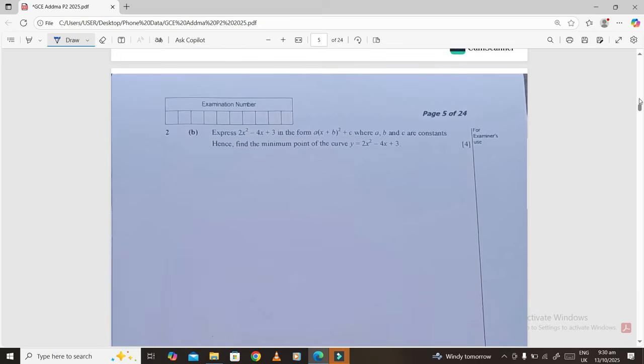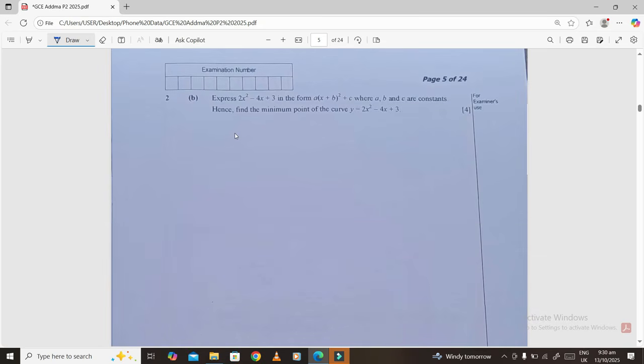Let's go to the next question. So we've got 2x power 2 minus 4x plus 3. They want us to write it in this form. Okay? So here, the first thing must be to factor out what is this side.